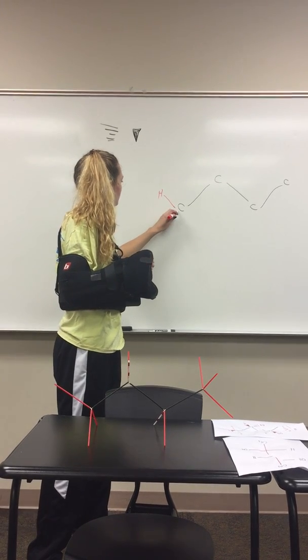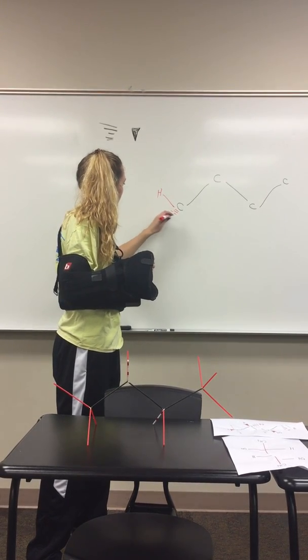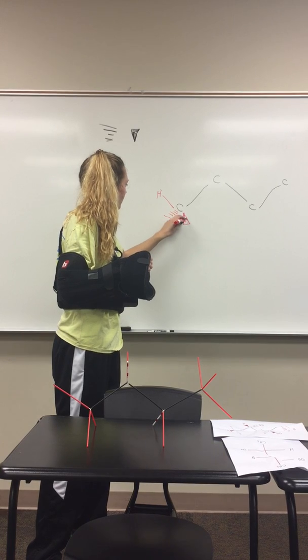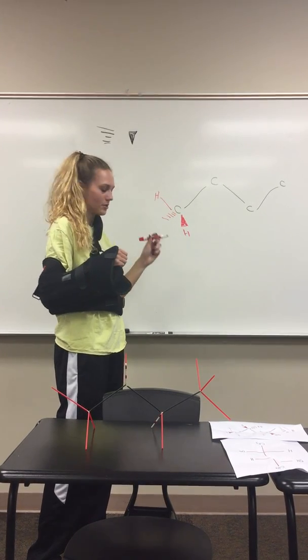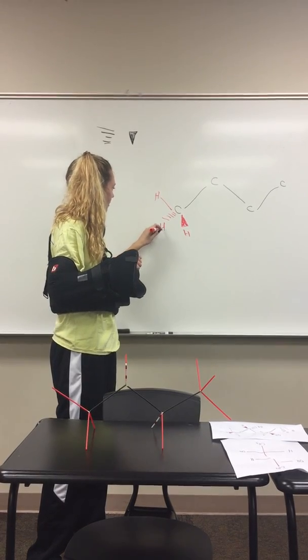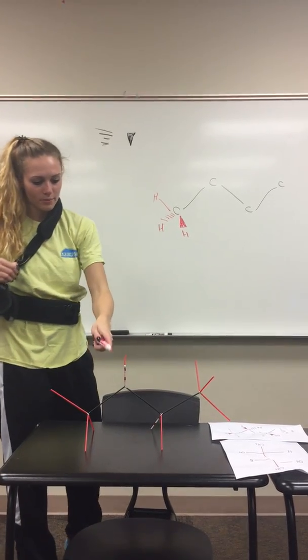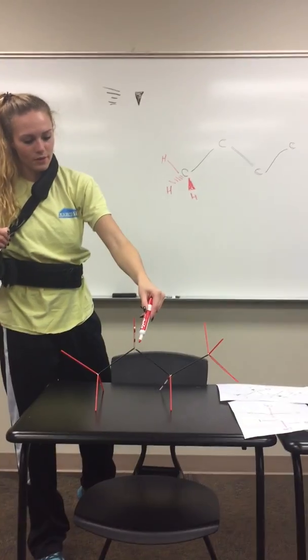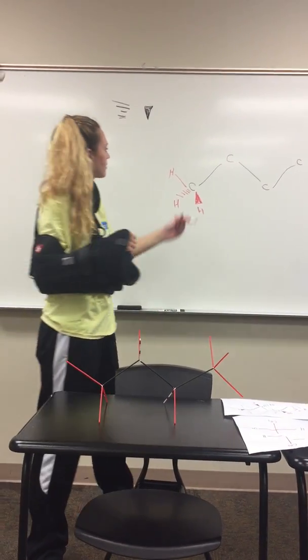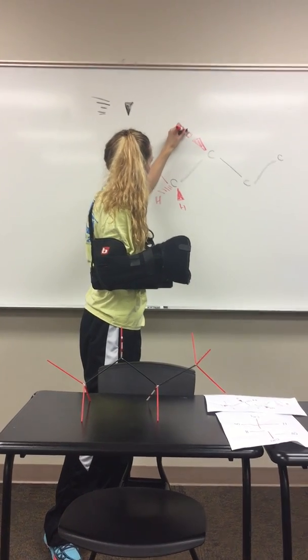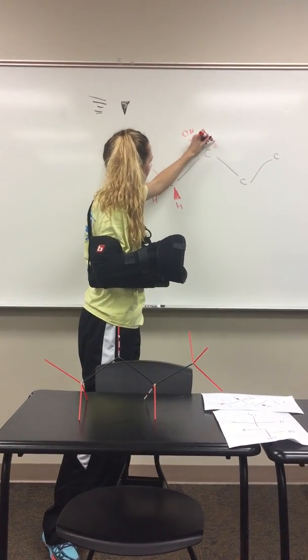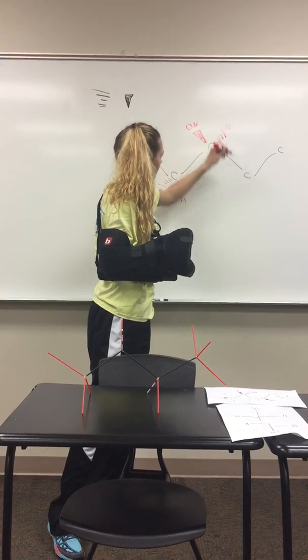So the one going towards you is going to be this wedge here, and the one coming back towards me is going to be the dash. So on carbon number 2, this OH group is coming towards you, so that's going to be a wedge. And the hydrogen is coming towards me, and it's a dash.